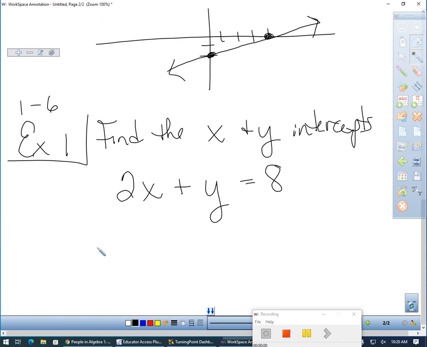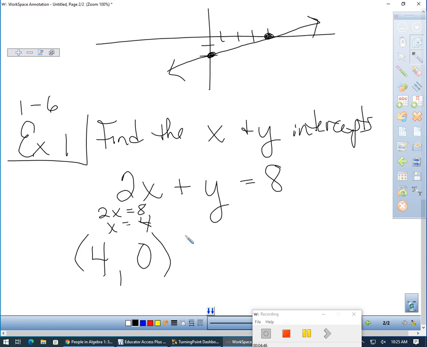So my x-intercept means I put 0 in for y, right? I'm going to cover up my y term. Pretend that cover up, use your finger, cover it up, whatever. And we get 2x equals 8. What does x equal? 4. Perfect. That's our first answer. 4, 0.